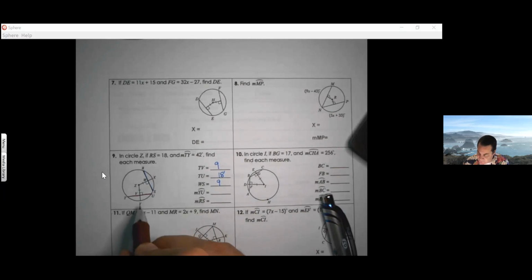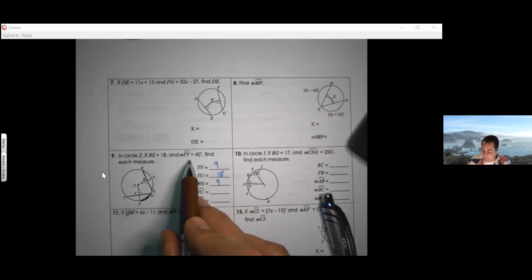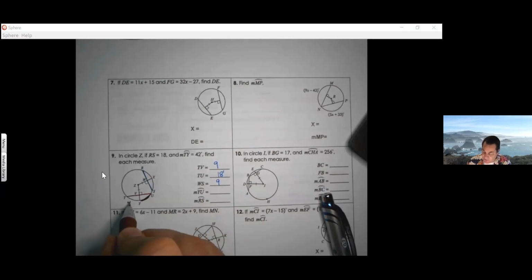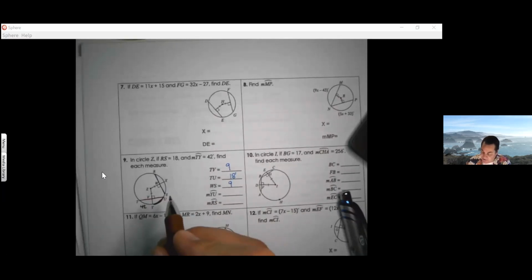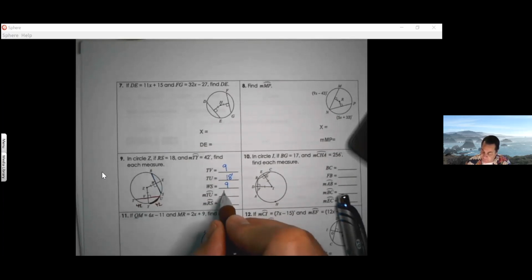Why YU? Well, if YU is what we're looking for, we can see that it's going to be half of this whole arc. What did they give us? They gave us that TY is 42. So YU should also be 42 because that's going to be bisected since it's perpendicular. So YU is 42. And now we're looking for the measure of RS.